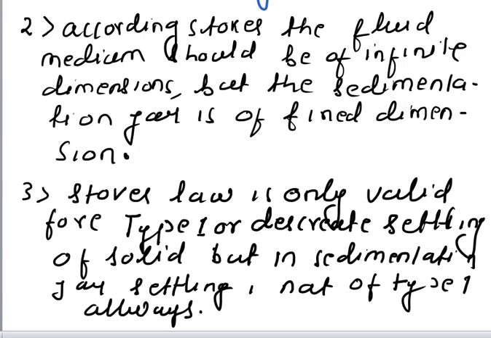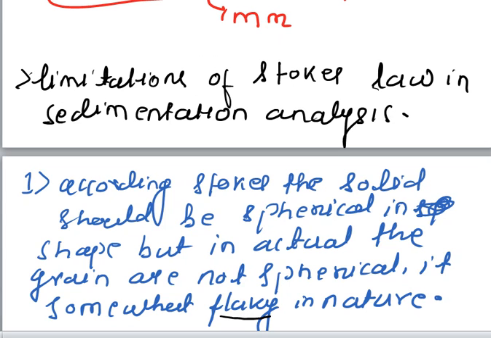Now I think I should discuss what type 1 or discrete settling is. Discrete settling means individual particle settling.